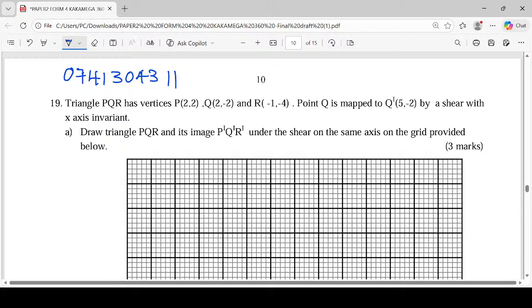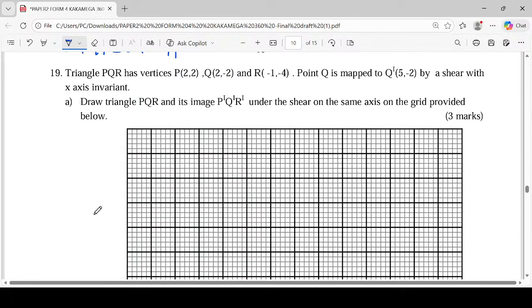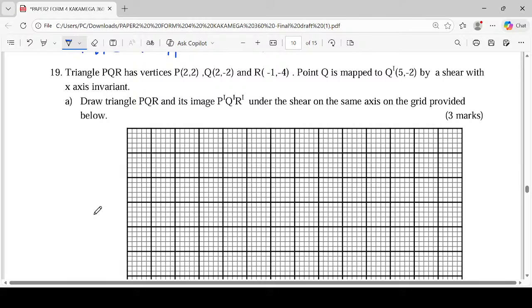Point Q is mapped to Q prime by a shear with x-axis invariant. Draw the triangle PQR and its image under the shear on the same axis provided below. A very wonderful question.